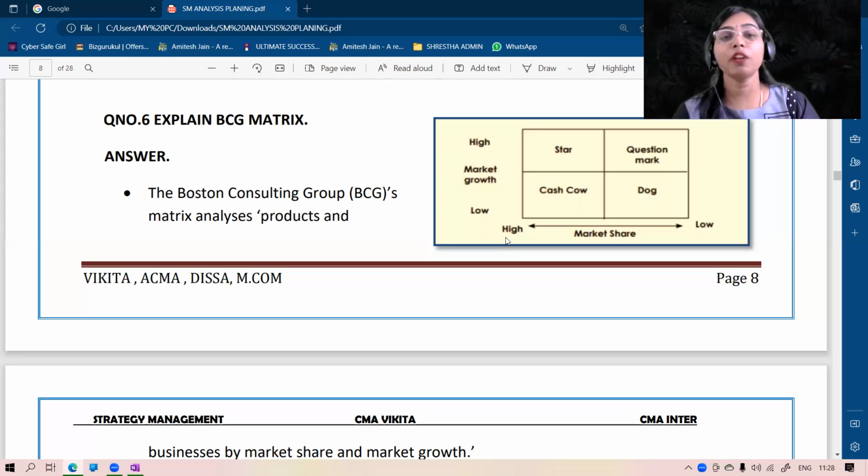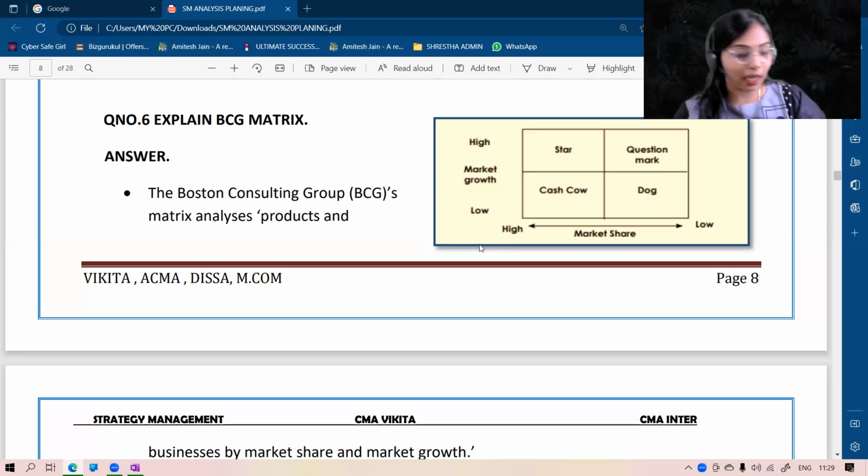Today's lecture will mostly be about the BCG matrix, as well as the product life cycle. If you understand the BCG matrix clearly, you will have a beautiful clarity on the product life cycle. And if we have more time, we can also go ahead with the other parts like the Ansoff matrix and the Arthur D. Little matrix.